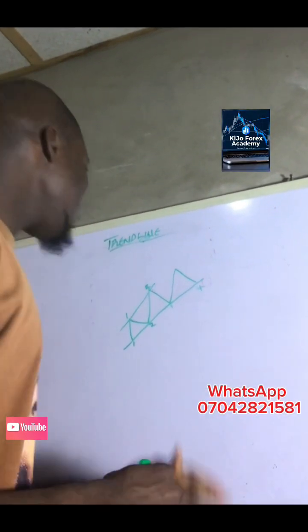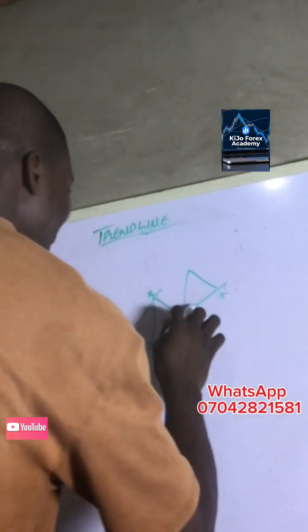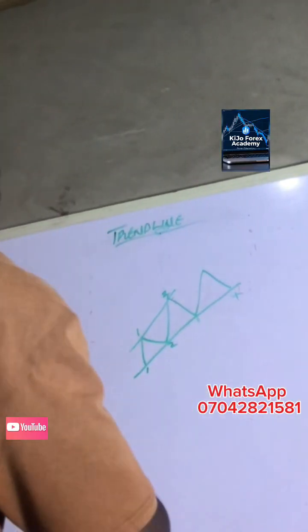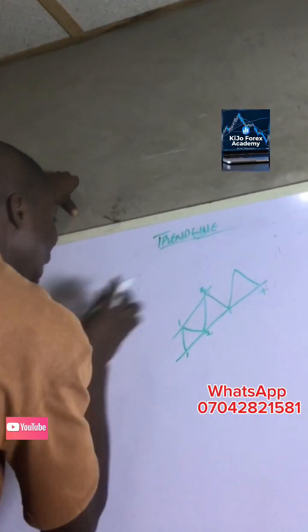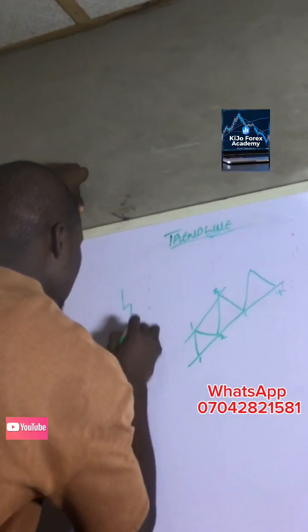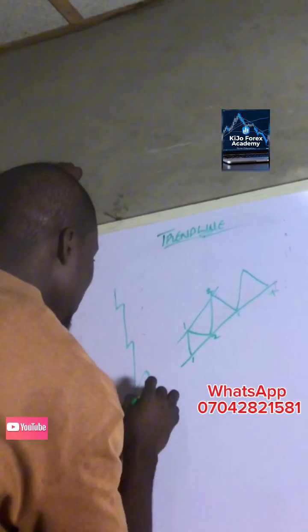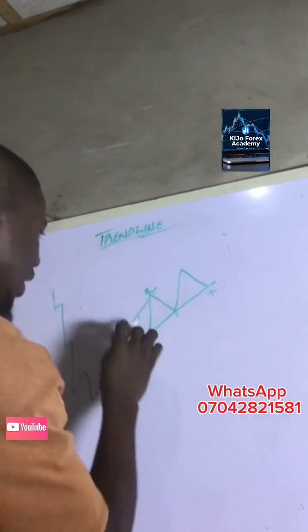So whenever you see something like this, more especially if you see a market going up this way, and the previous high is at this level, take for instance, the previous high is at this level before the market started going up.